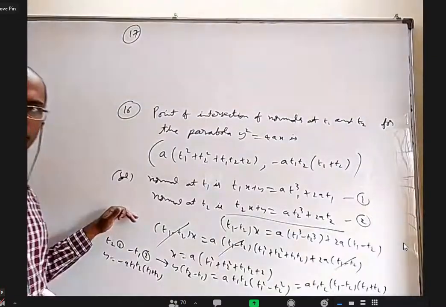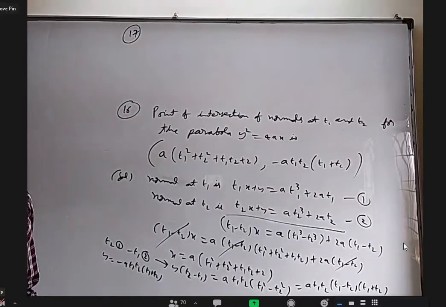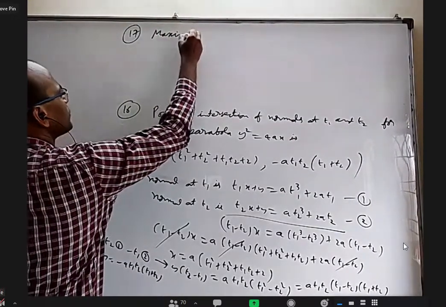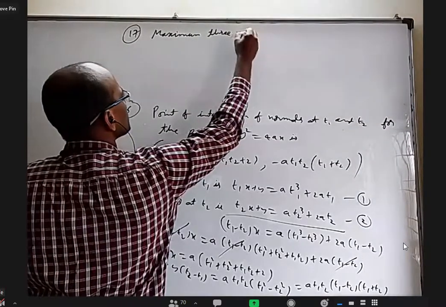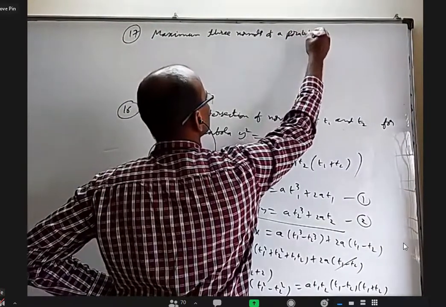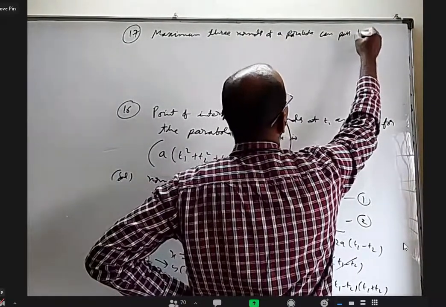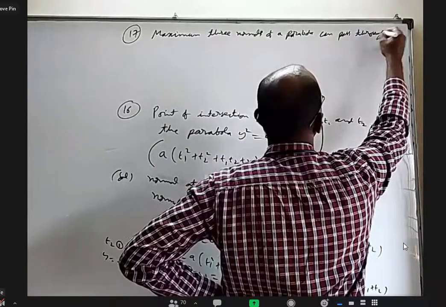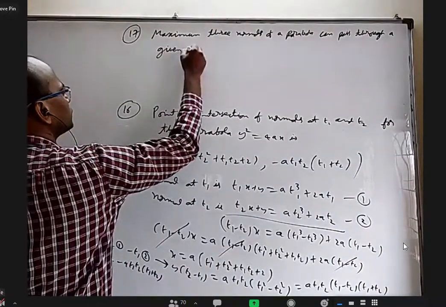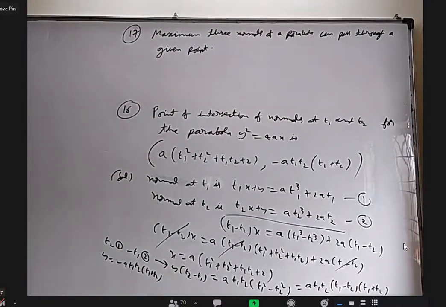Okay, 16th one, everybody completed copying this whole thing? Maximum 3 normals of a parabola can pass through a given point.